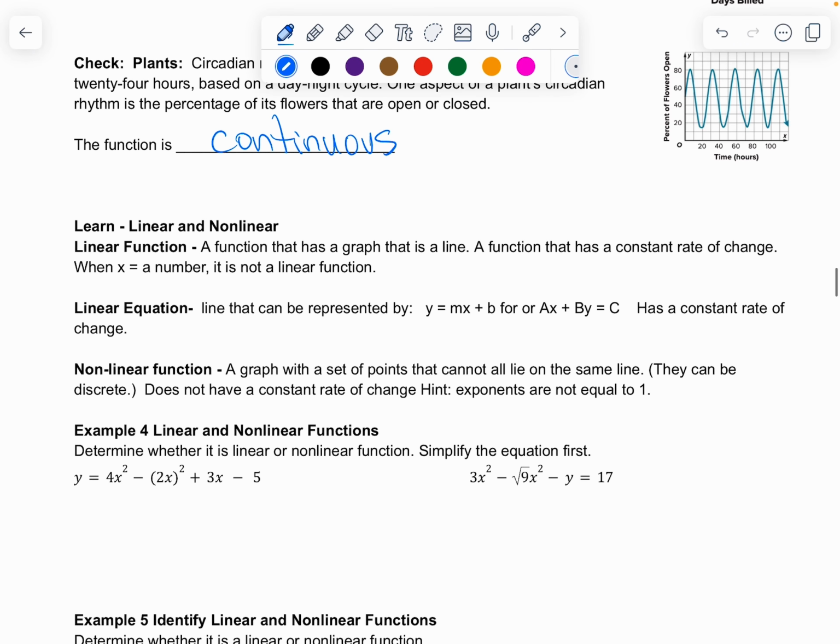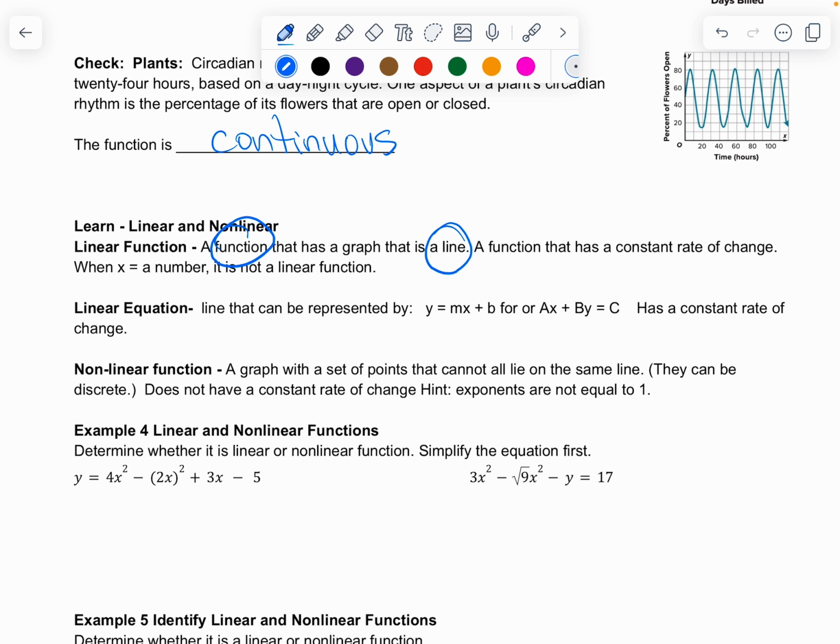Now we have to figure out if the graph is a line or if it's nonlinear. A linear function is a function that has a graph that is a line. So it has to be a line, but it also has to be a function. It has a constant rate of change.